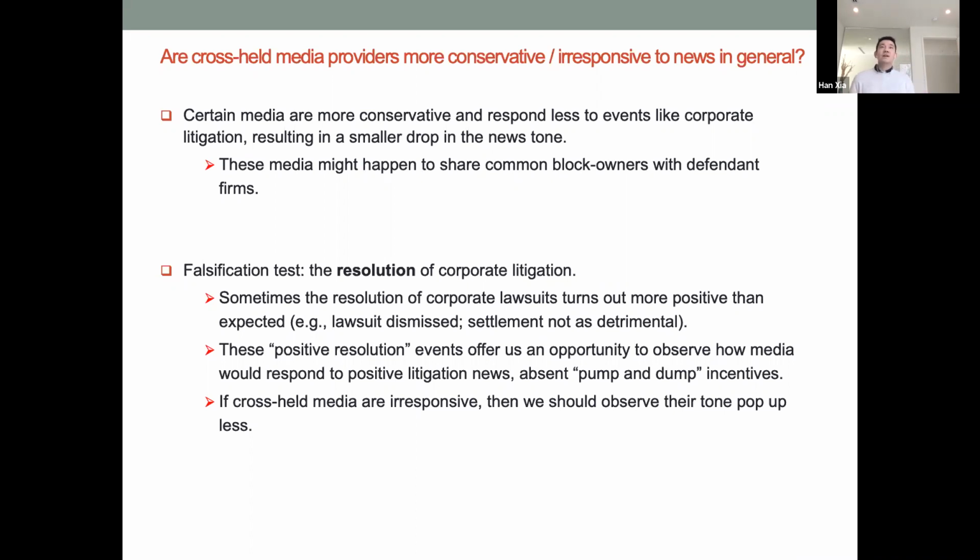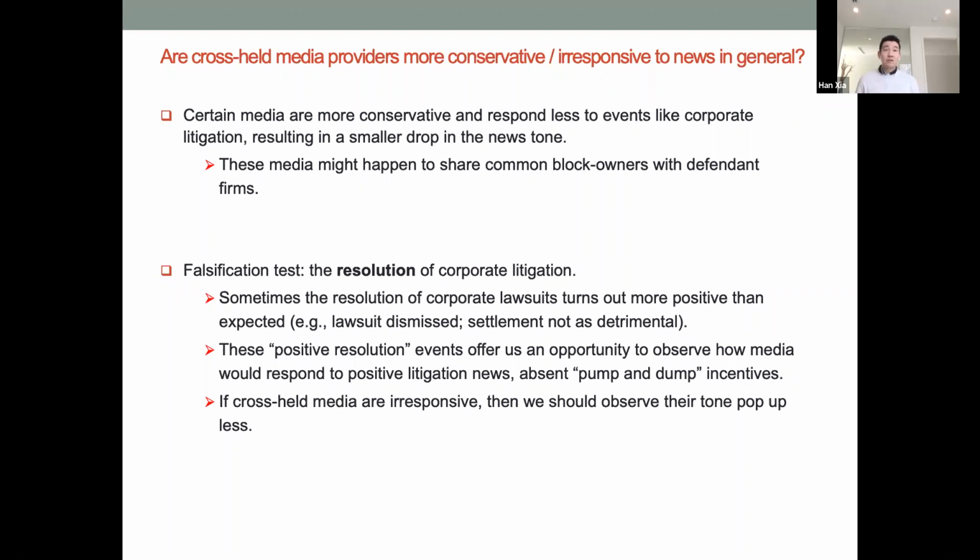And in fact, we see in our sample that about half of our litigation events have a positive CAR during the few days surrounding the resolution. So these events provide us an opportunity to see how the media will react to positive litigation news.